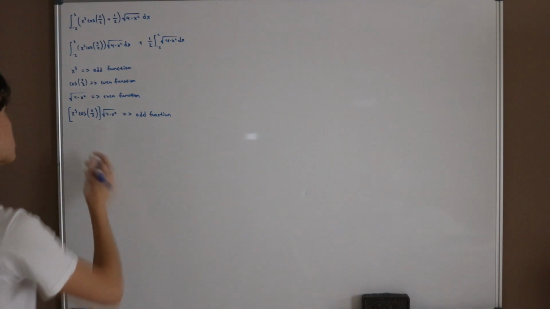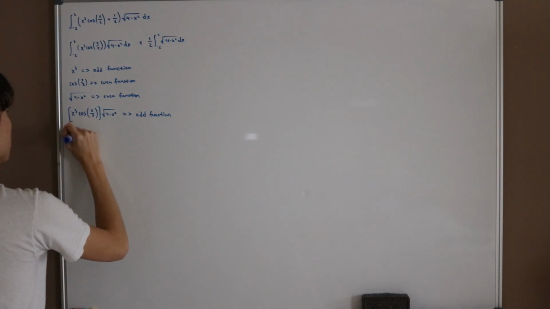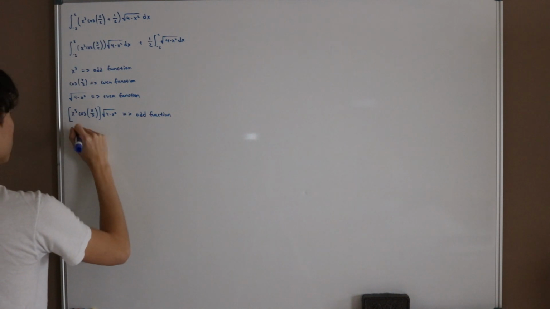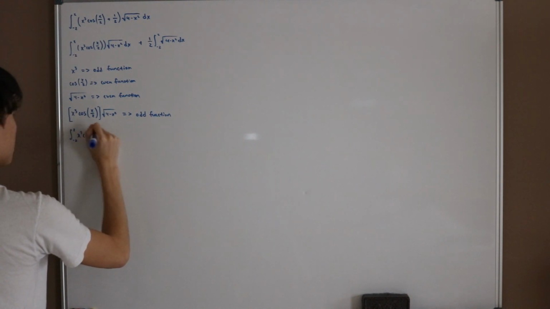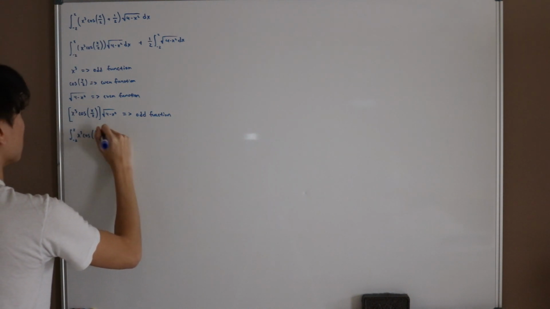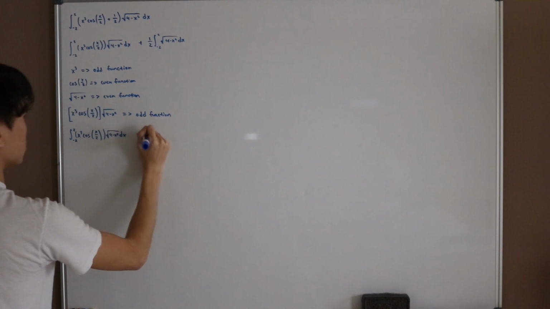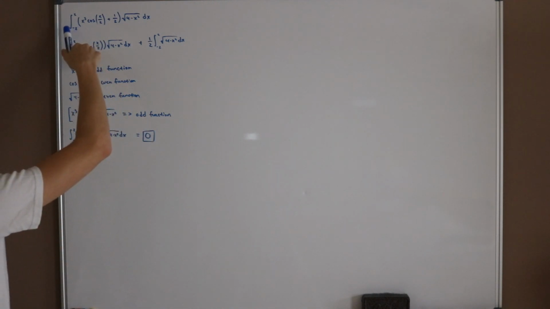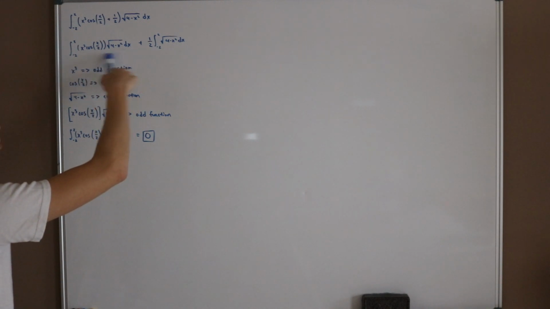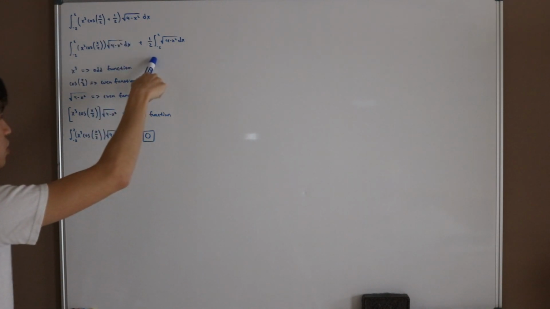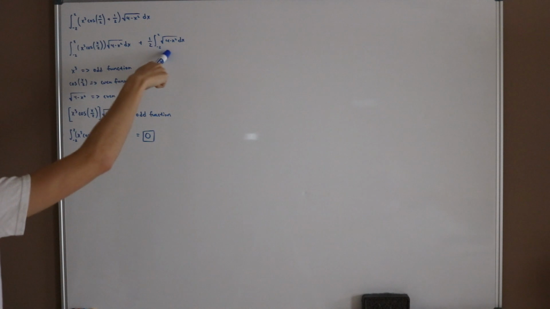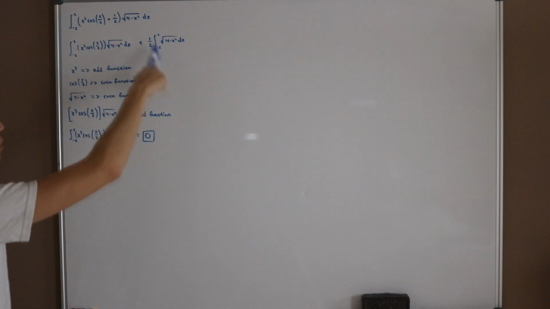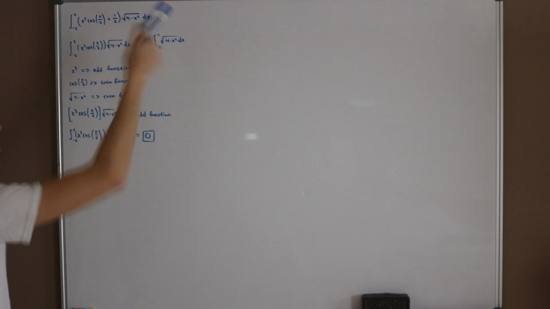So this means that the integral from -2 to 2 of x cubed cosine of x over 2 times the square root of 4 minus x squared dx is just equal to 0. So now we've solved one part of the integral. This thing is 0. So now the last part is we can focus on 1/2 times the integral from -2 to 2 of the square root of 4 minus x squared dx.